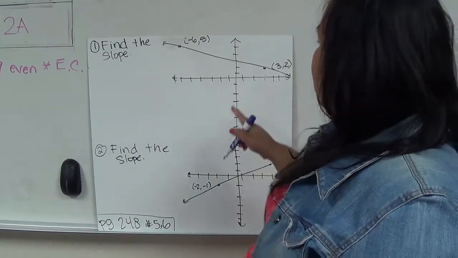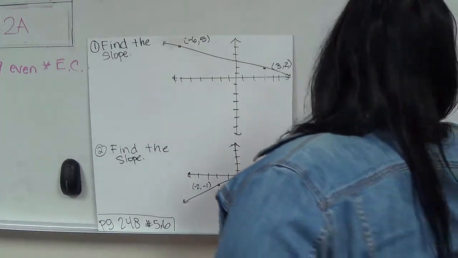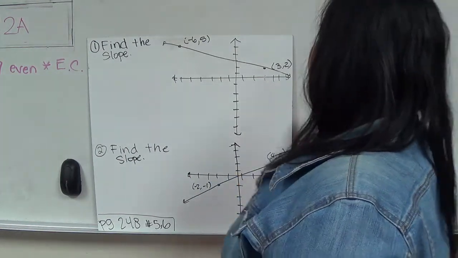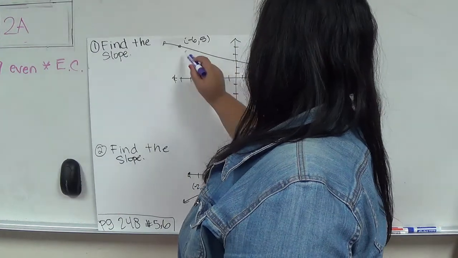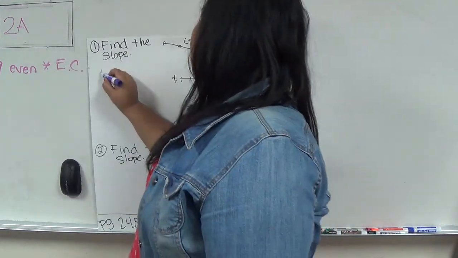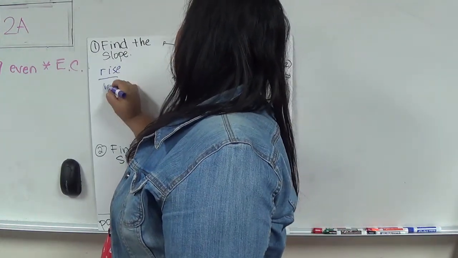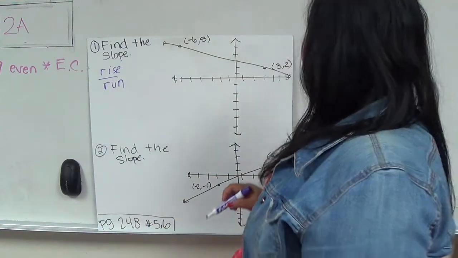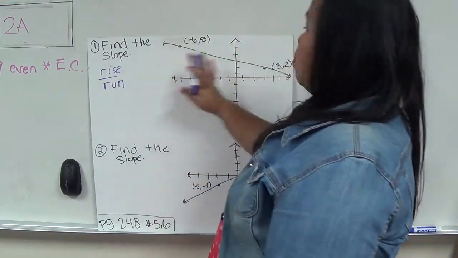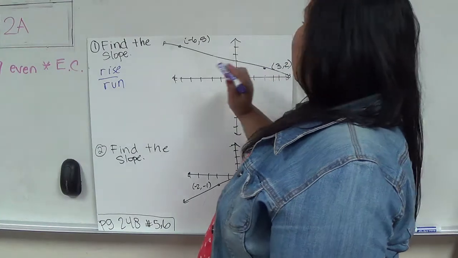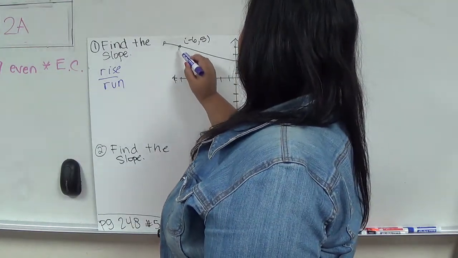so what I'm going to do is we're going to have the change of x. We're going to go see how much it goes up and down. Remember, it's rise over run. So this time, and I'm always moving to the right, okay? So this time it's going down.